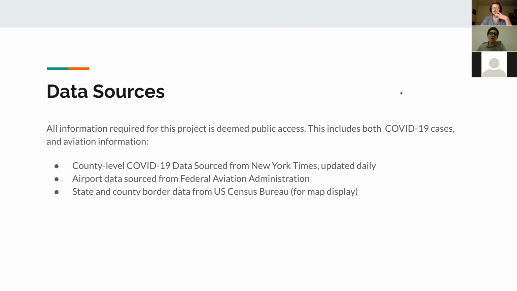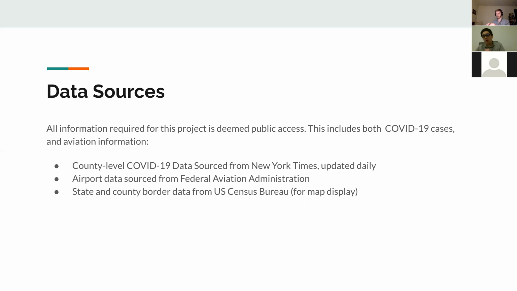Jack. Oh, on to data. Our project relies heavily on data, and we looked to a multitude of different sources in order to aggregate all this data into models that could be placed into our database. Luckily for us, all the information that we're working with is public access and public domain, meaning we were able to find REST APIs with this data hosted for us to call into in order to get real-time updated data.